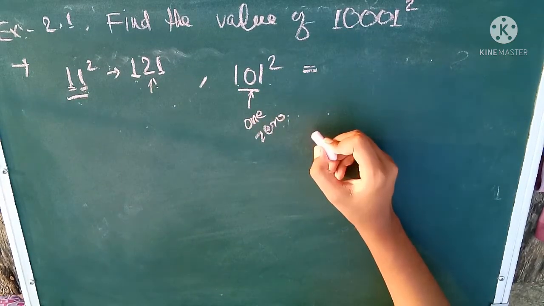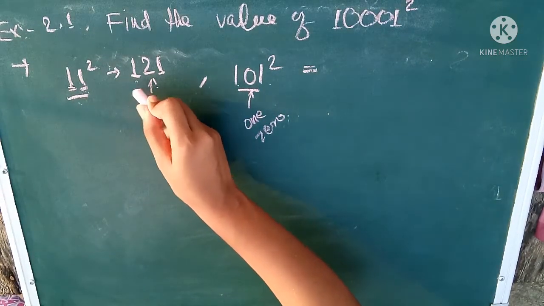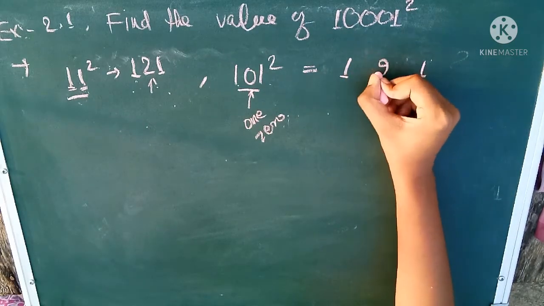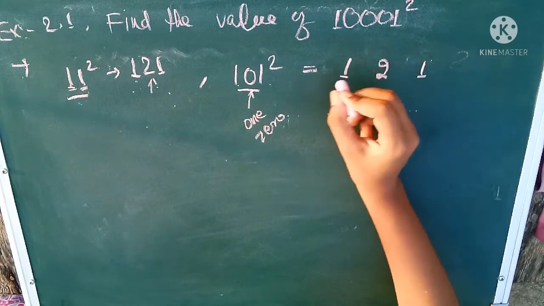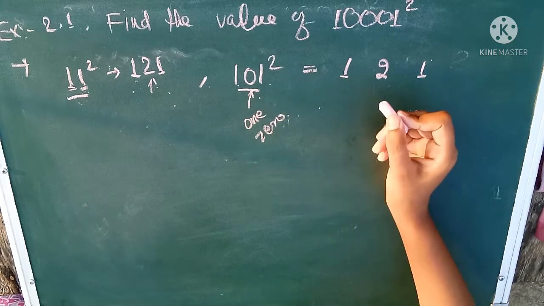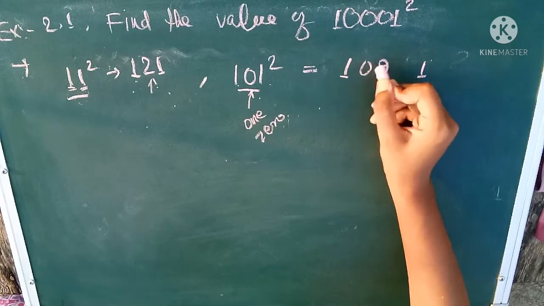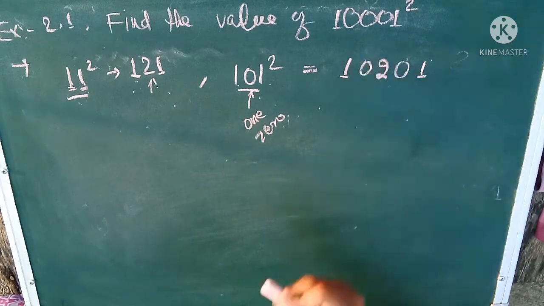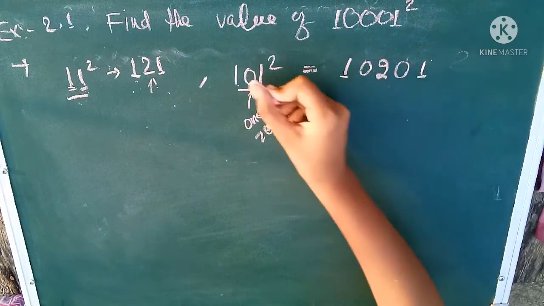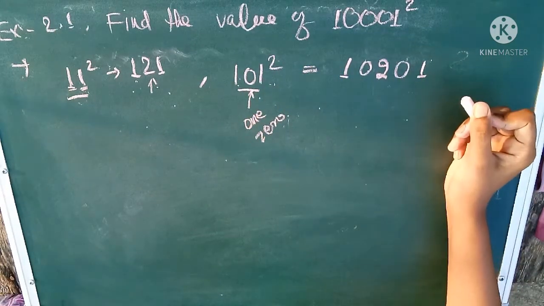So using the same pattern of 121, let us write 1, 1 and 2 in between. Now in addition we have 1 zero in the question, so for that we will add 1 zero on both sides of 2, and this will be the result of 101 square.